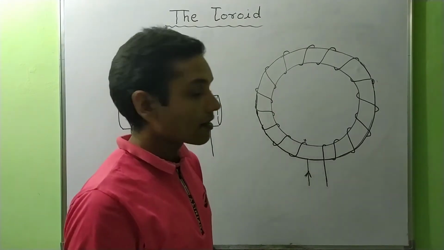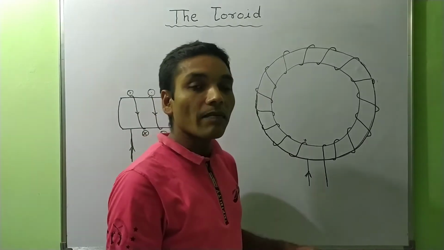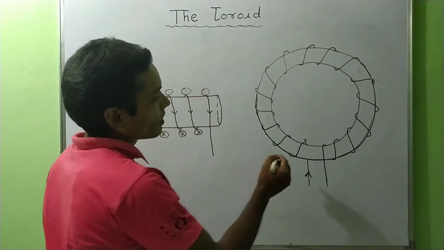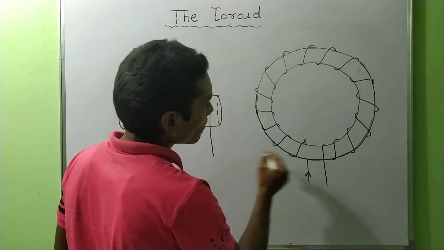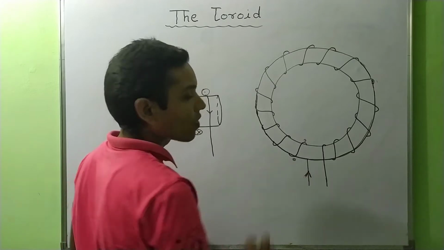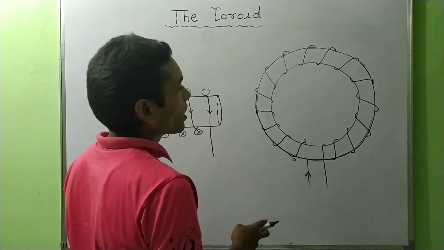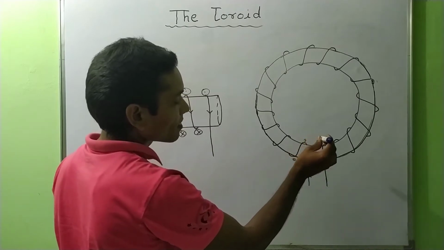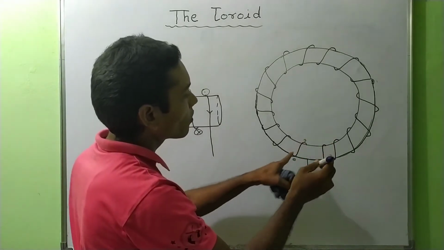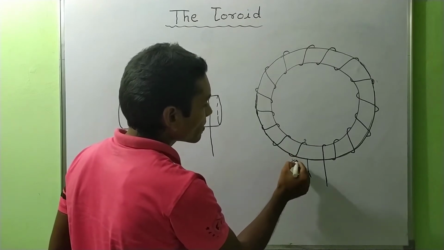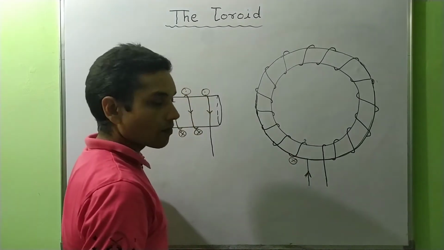We can say that the copper wire is in the form of circular loops, so we consider this loop. This is the top of this loop and this is the bottom of this loop. So current is coming out of the top of this circular loop and going in from the bottom.